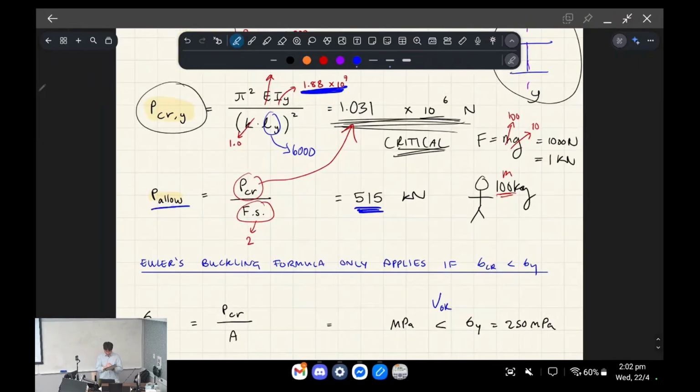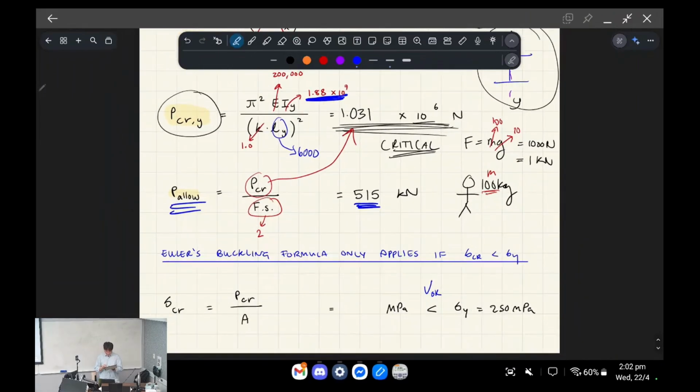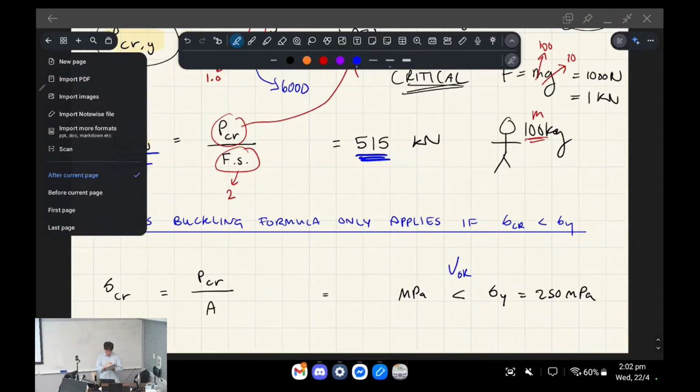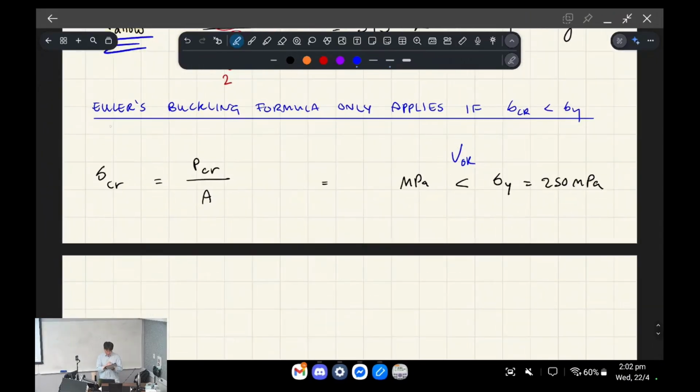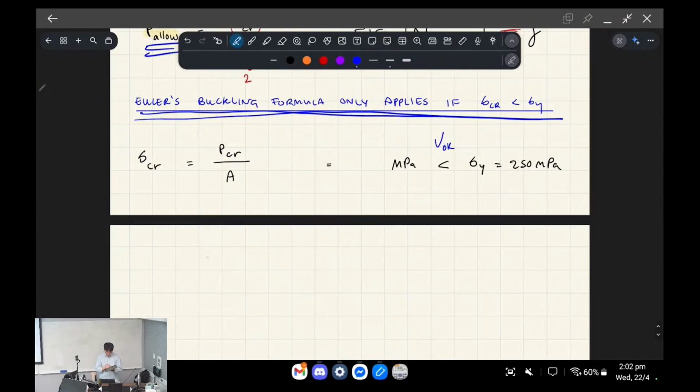As an allowable force. Okay, the last thing I'm doing here is I'm checking if Euler's buckling formula can even apply. Okay, the reason for that is because if you have a curve that looks like this, right, a yield curve, Euler's buckling formula for early buckling only happens in the elastic region.